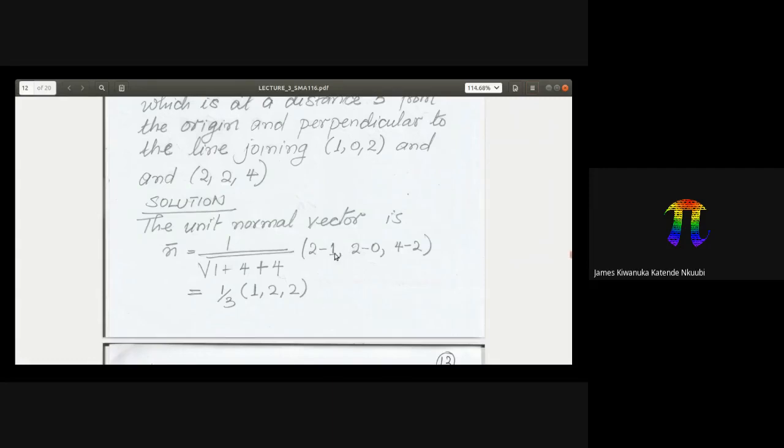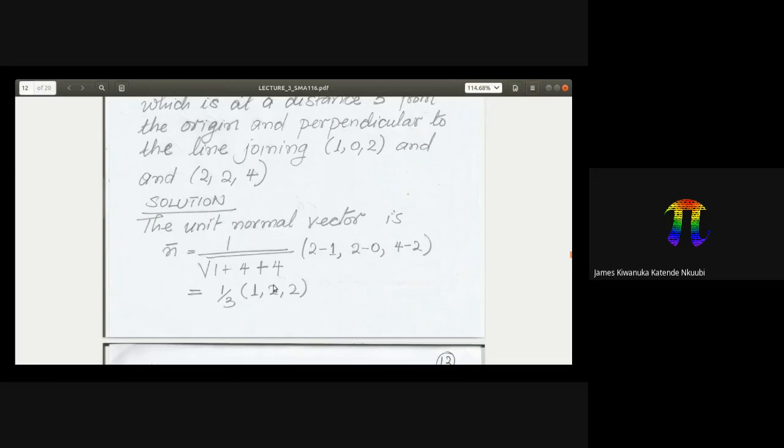So this is 1, this is 2, and that is 2. The magnitude of this vector will be the square root of 1 plus 2 squared plus 2 squared, which is the square root of 9, which is 3. So we have 1 over 3 times (1, 2, 2). This gives you the unit normal.